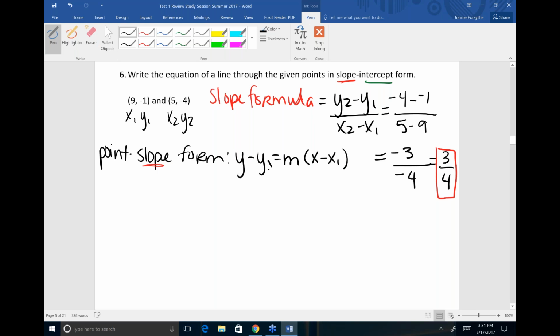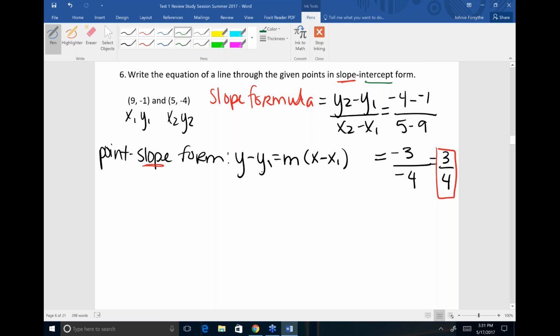The x1 and y1 does not have to be the same x1 and y1 you use to get the slope. That's just using one because there's only one point being used here. So you could use either one of these points for your x1 and y1. Just to make this make sense, I'm going to use what we labeled for x1 and y1, but you could use 5 and negative 4 if you want to.